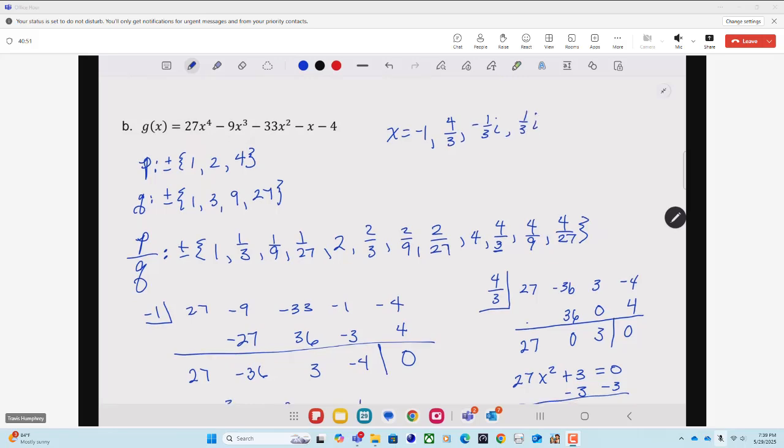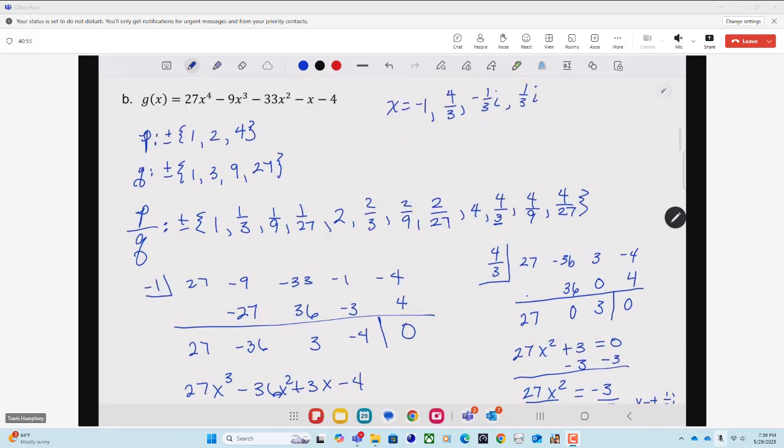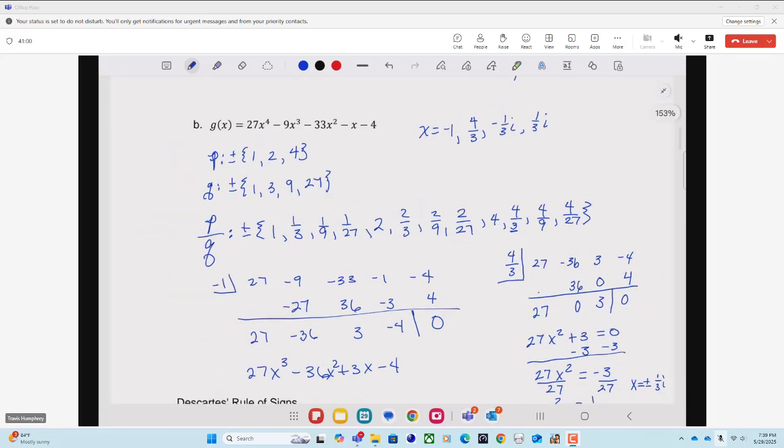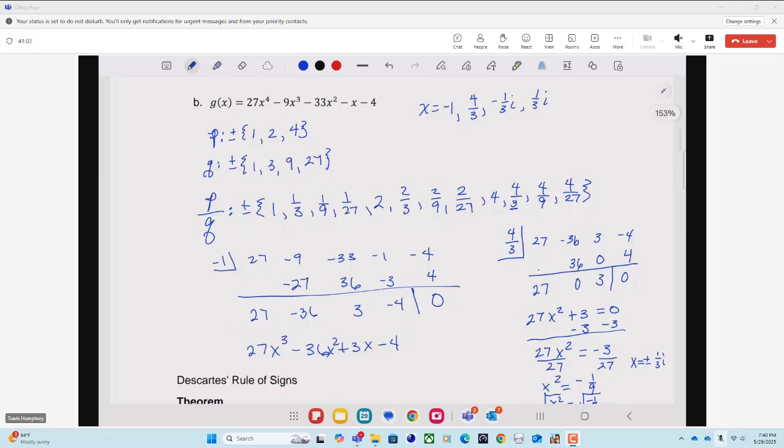So I try really hard on your exams to pick problems that are like the first example. But your homework is going to contain some of these 4th degrees, so I suggest you use a free graphing calculator like Desmos. If you have a graphing calculator like a TI-83, 84, those are allowed on my exams, so using one of those will help you.